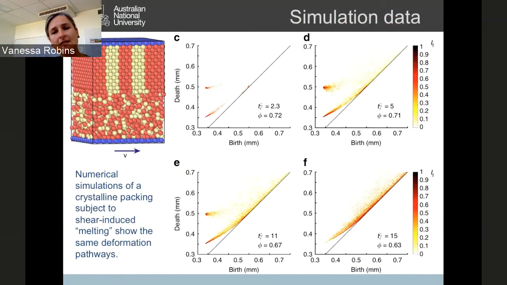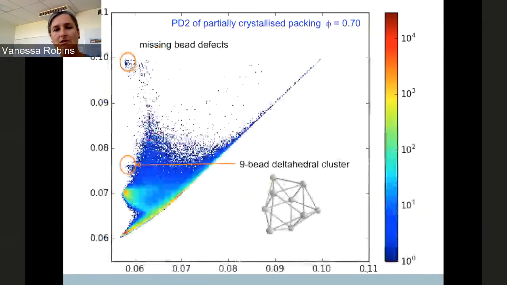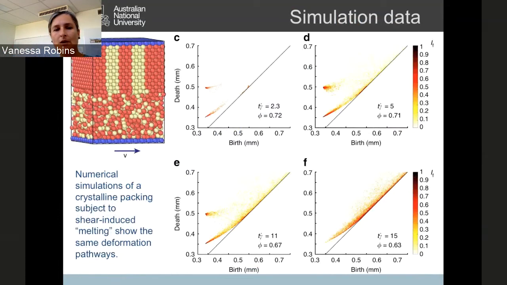So the other really nice point about this story is that everything I've shown you so far has just been from these experimental packings, but Mo went and did some numerical simulations to demonstrate that these features are really relevant to a more dynamic picture.